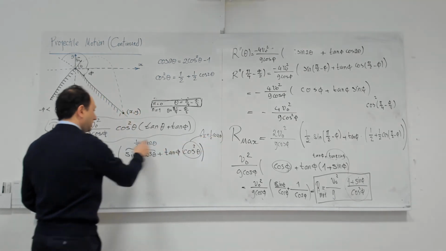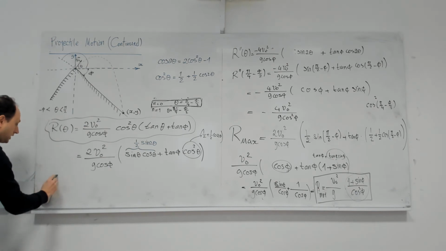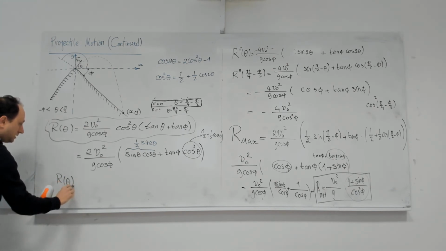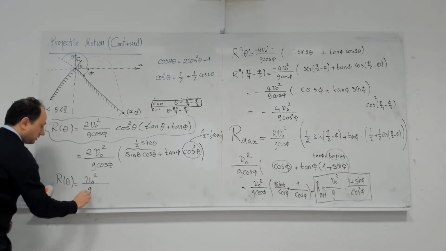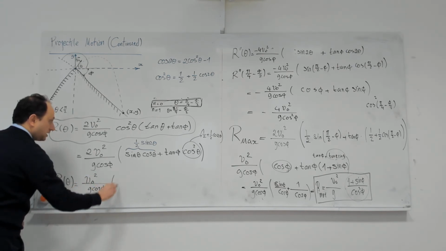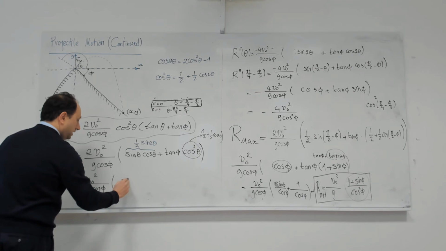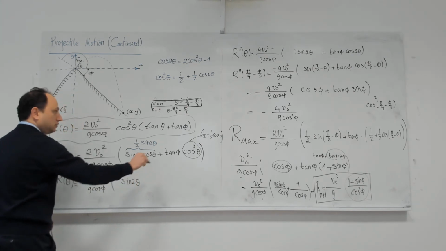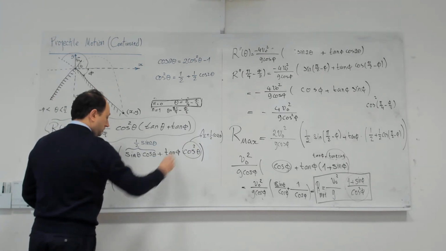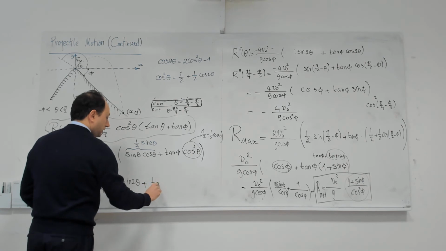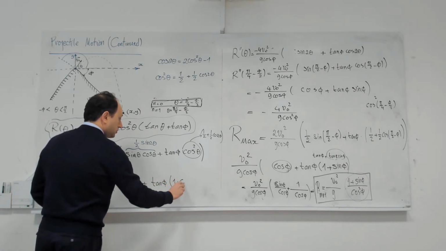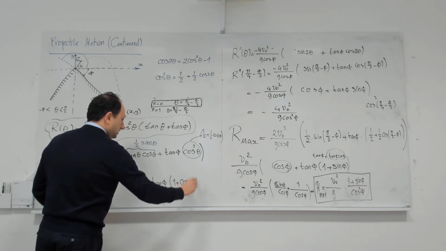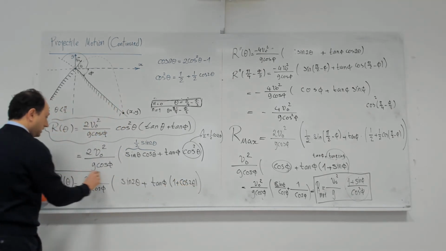And then the 1/2 I pull out will cancel that one. So let me write your function again. What happens here is sine 2 theta, plus tangent phi, times 1 plus cosine 2 theta. This is the formula that you get for r theta.